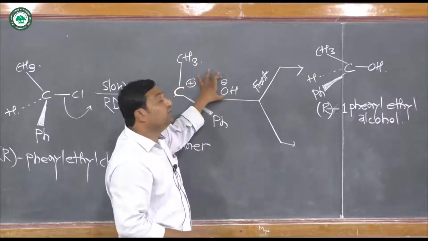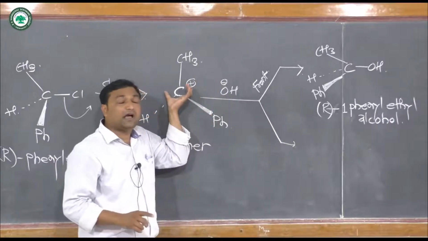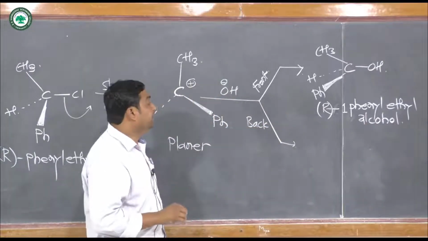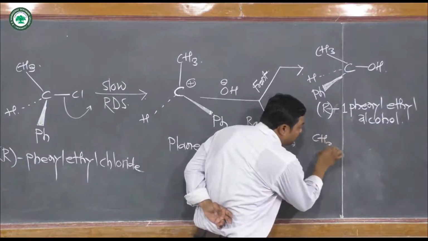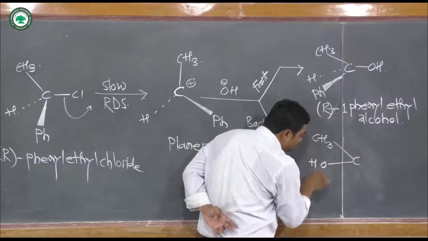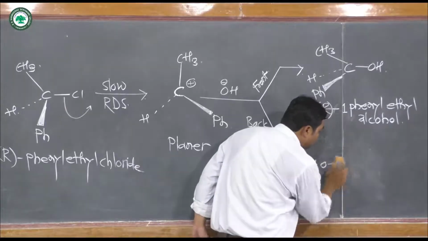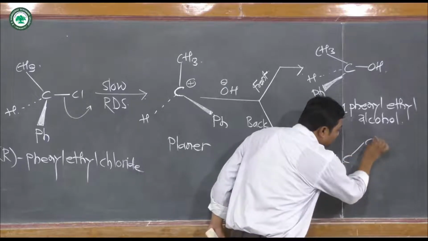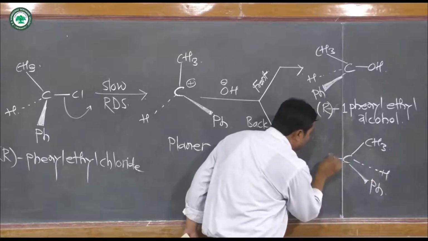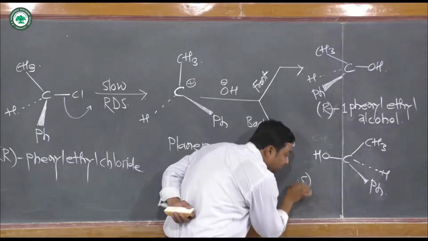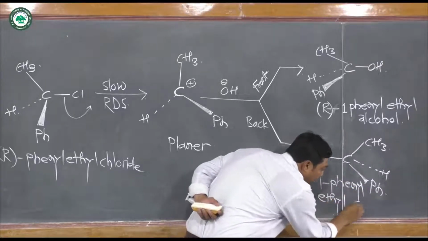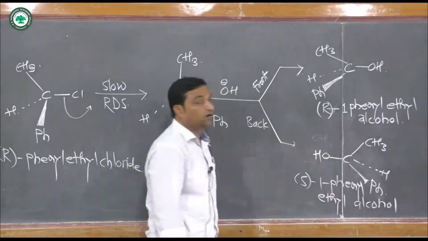Instead of this, if this nucleophile attacks this planar carbocation from the back side, we will obtain S-1-phenylethyl alcohol as a product.